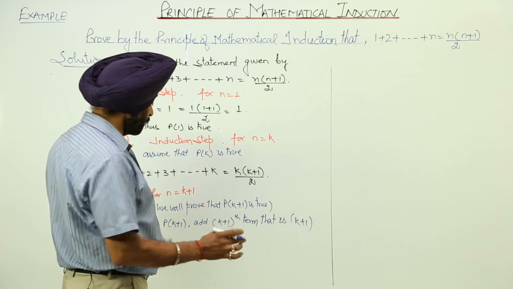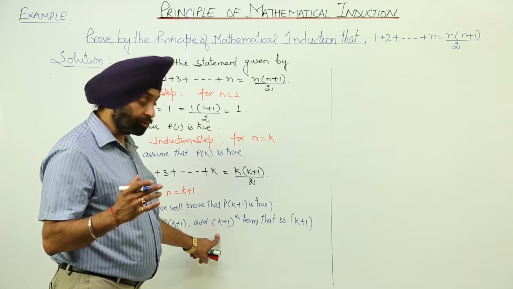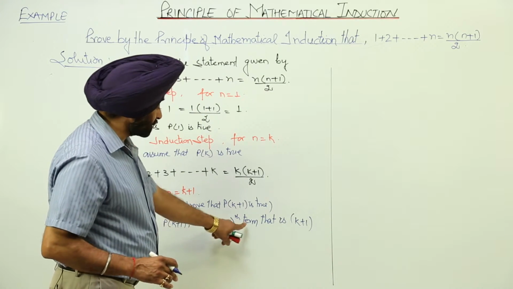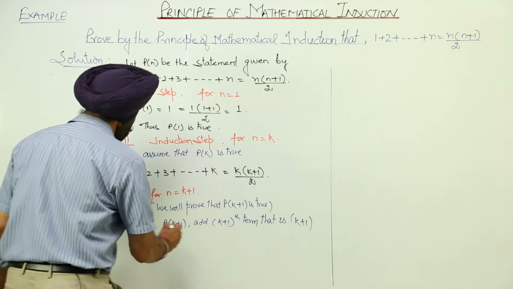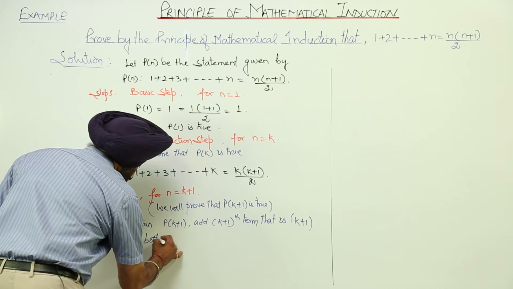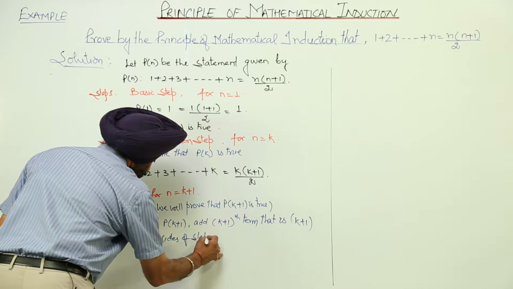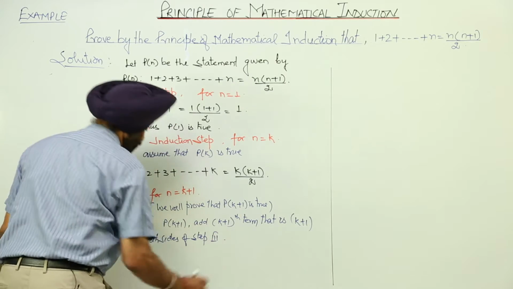Just think it, this thing and these things both are different. This is the (k plus 1)th term. Add the (k plus 1)th term, that is k plus 1, to both sides of step 2.